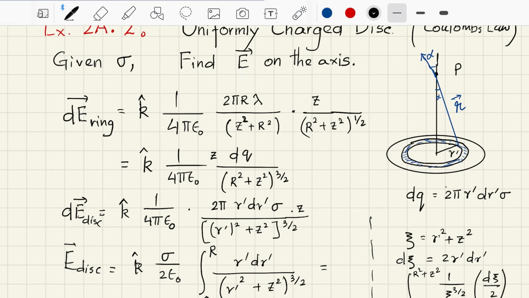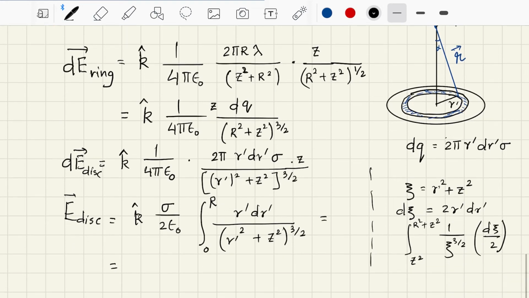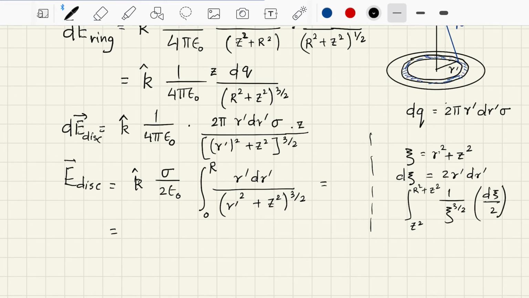So if I plug that in, I'm getting k sigma by 2 epsilon naught, and z is still there, and 1 by z minus z by root over r square plus z square.